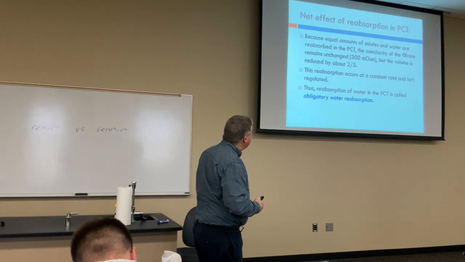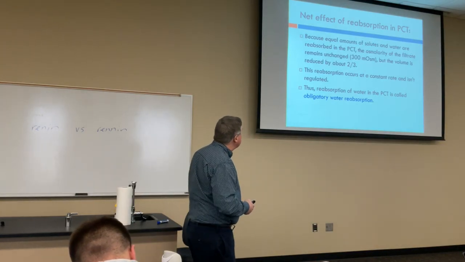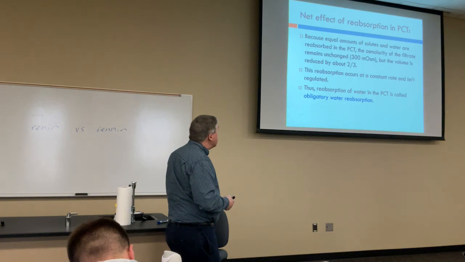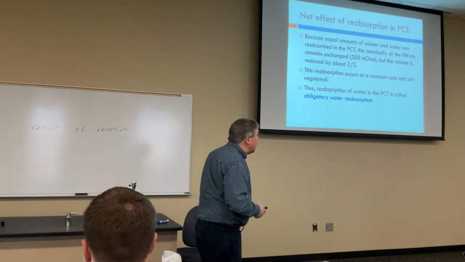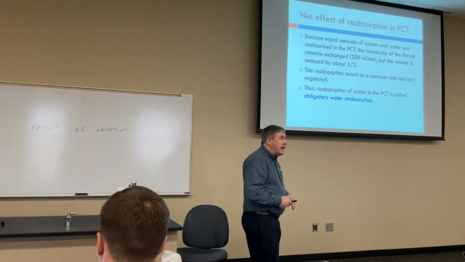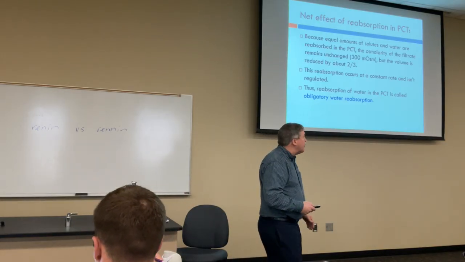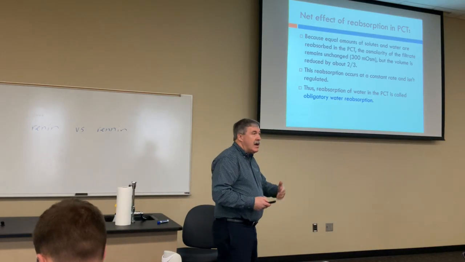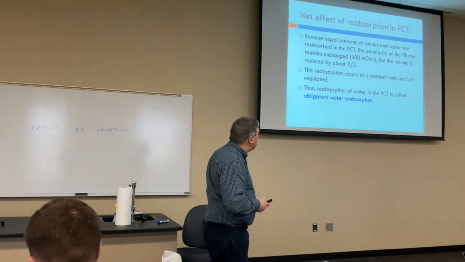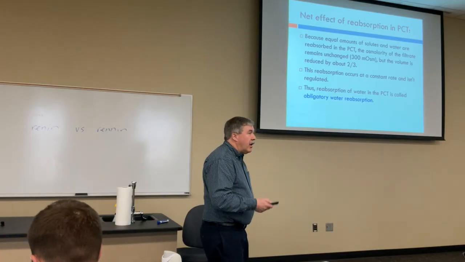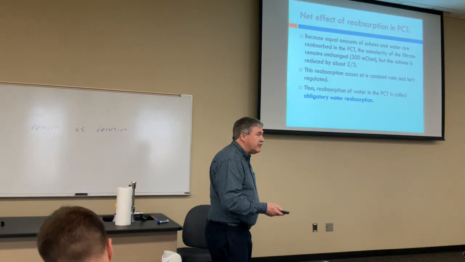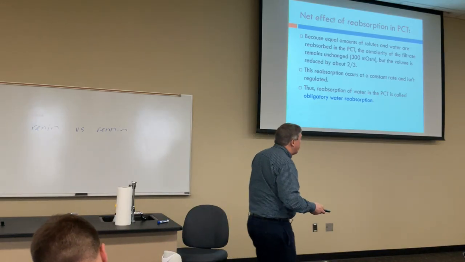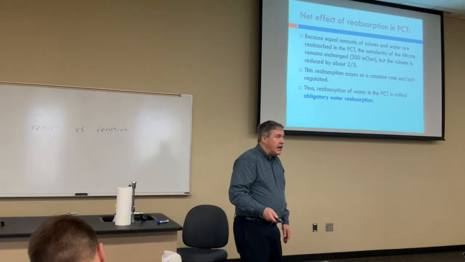So the net effect of this reabsorption in the proximal convoluted tubule, because equal amounts of solute and water are reabsorbed, is that the osmolarity of the filtrate remains unchanged. It stays about 300 milliosmoles, which is about the osmolarity of the plasma in the blood, but the volume is reduced by about 2/3. So you have a lot less volume of filtrate, but the osmolarity stays the same.